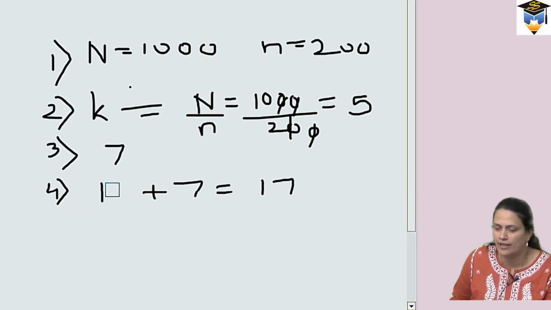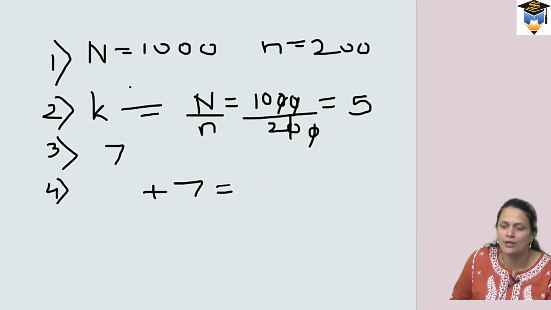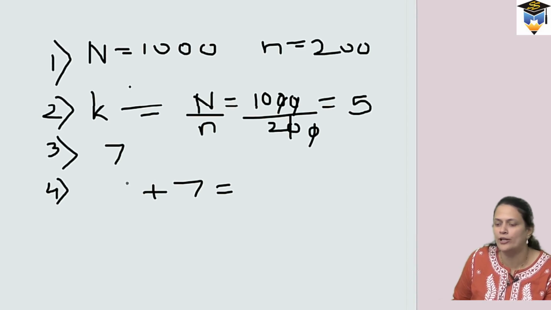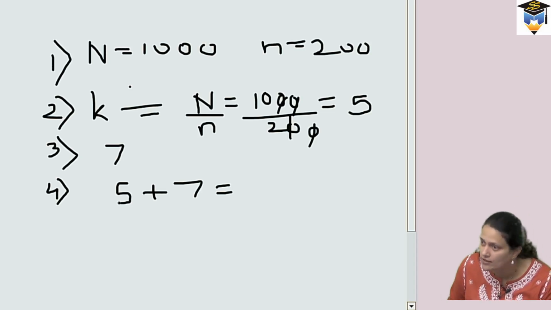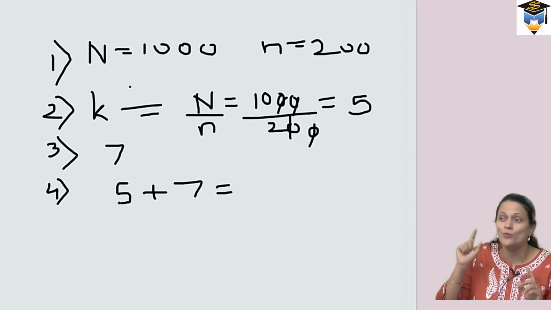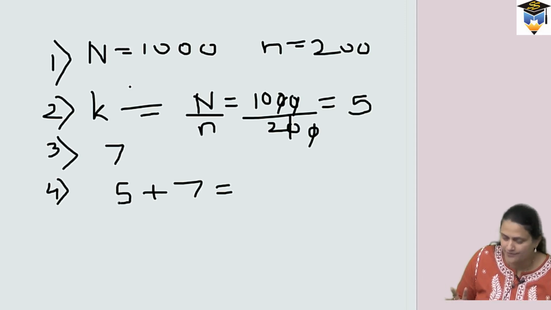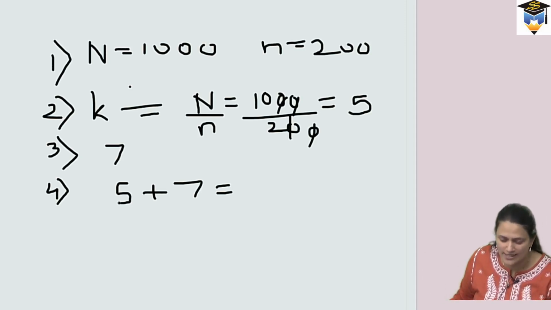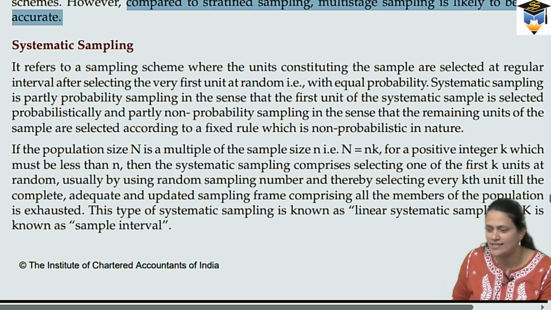After 12, 12 plus 5 is 17, 17 plus 5 and so on. Understood? This is called which sampling? Systematic.